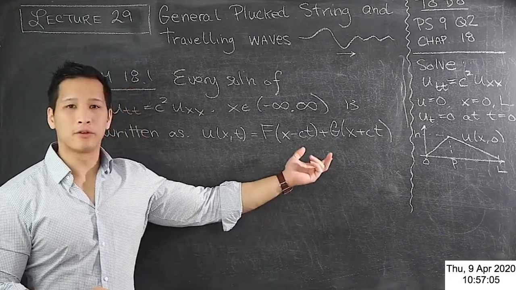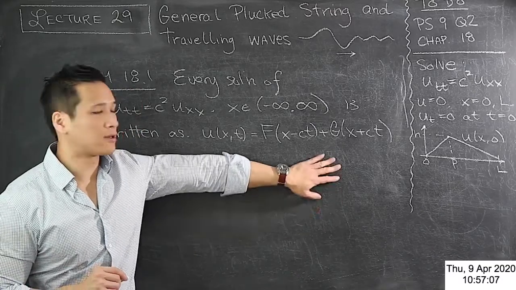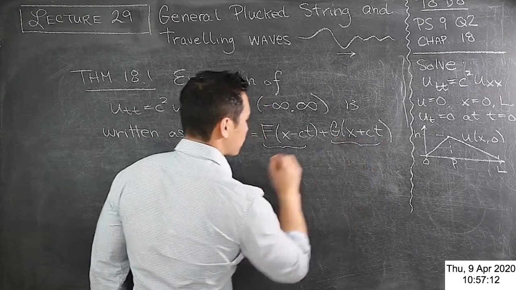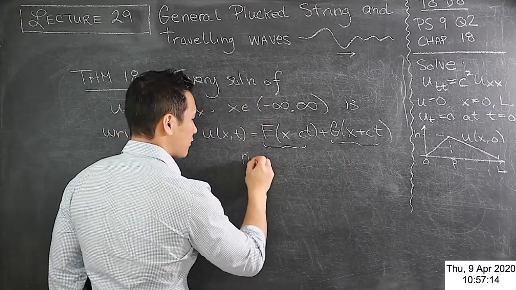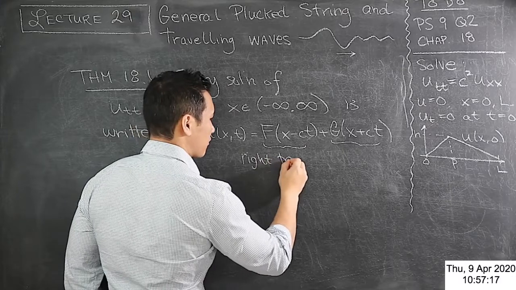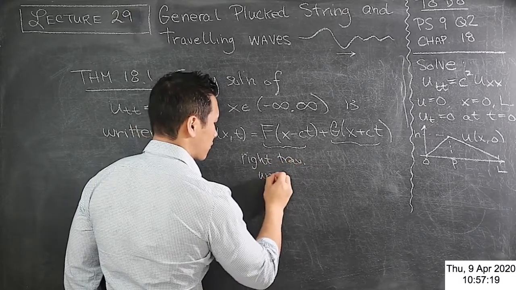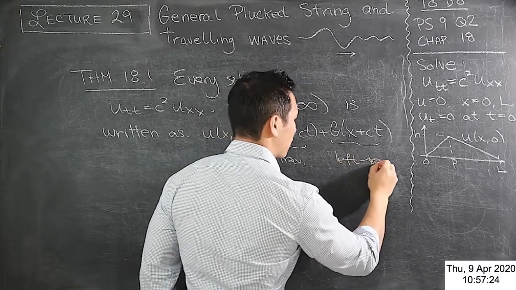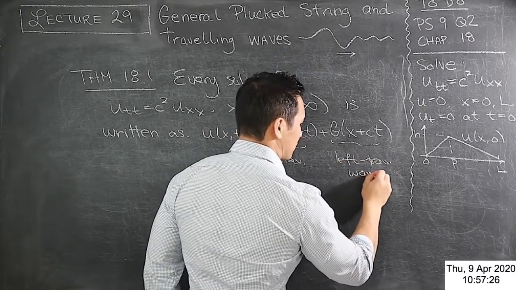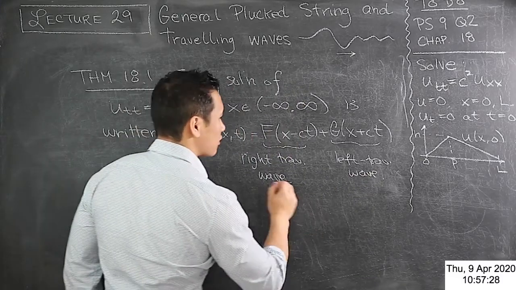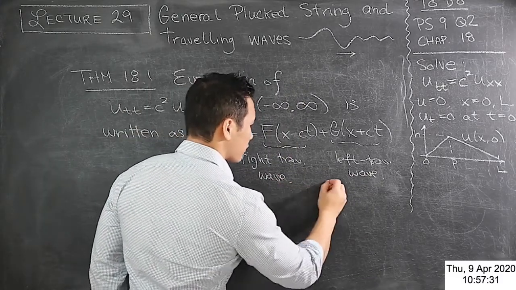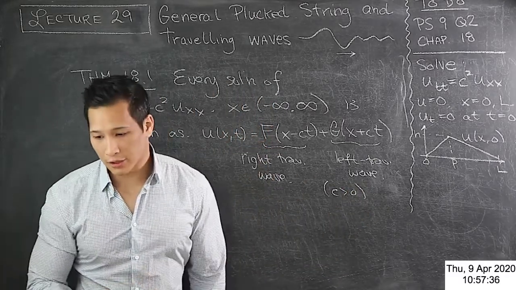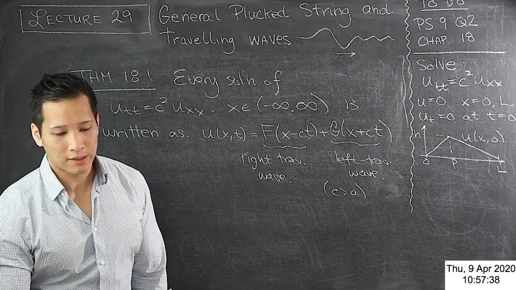But then again, those of you who have taken courses on waves will see these combinations all over the place. This thing here is a right traveling wave. And this here is a left traveling wave. And here I'm assuming that c is greater than 0 without loss of generality. Otherwise, your interpretation of which one's right traveling and which one's left traveling is going to switch.